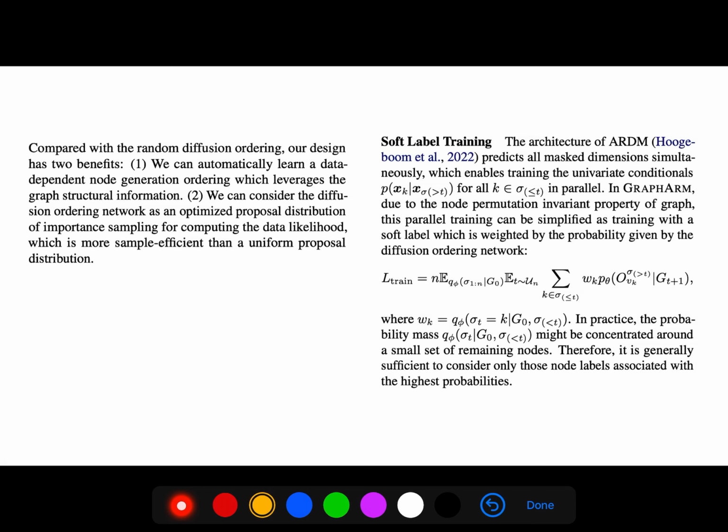But the architecture of this paper, RDM in 2022, predicts all masked dimensions simultaneously. As I said, some papers use the parallel approach, which enables training the univariate conditionals in parallel. So in GraphARM, due to the node permutation invariant property, this parallel training can be simplified as training with just the soft label.